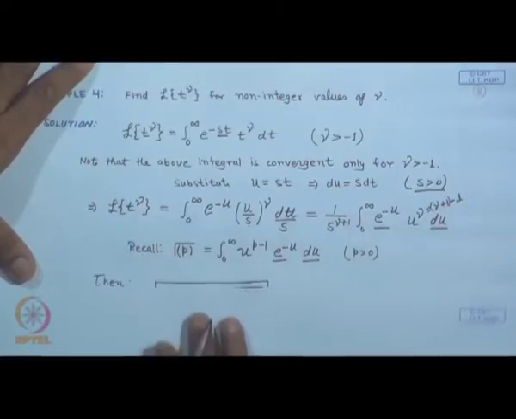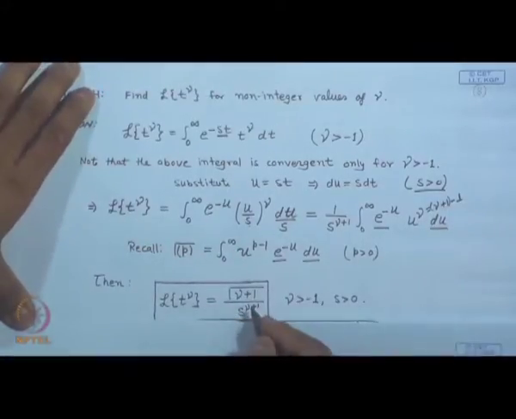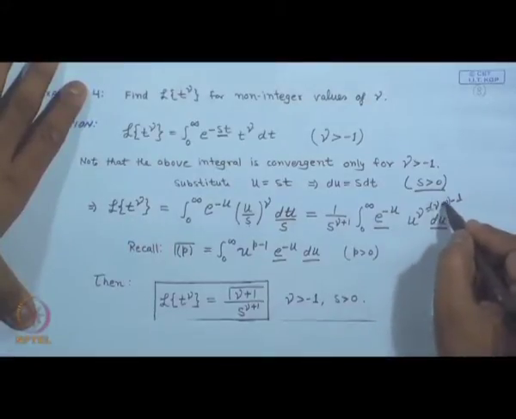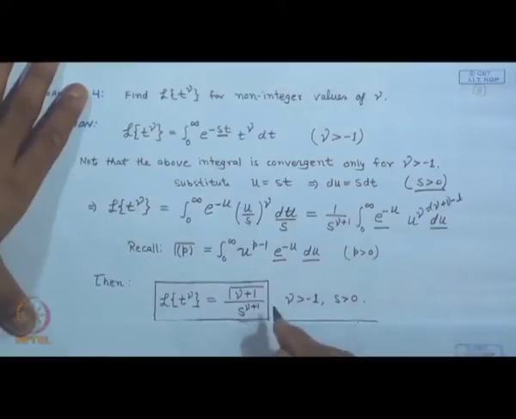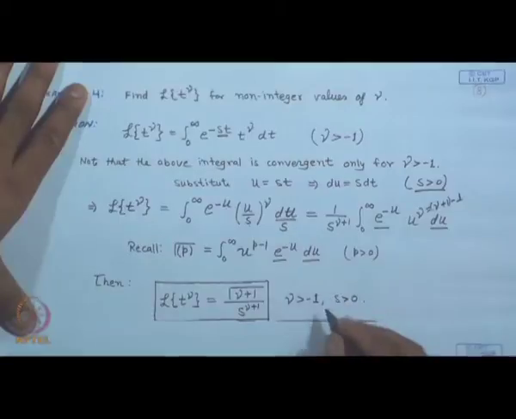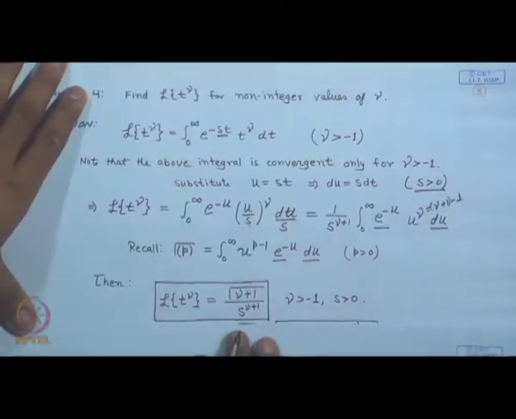So, this Laplace of t nu will be gamma nu plus 1 over s power nu plus 1 for nu greater than minus 1, and we have taken s as positive.